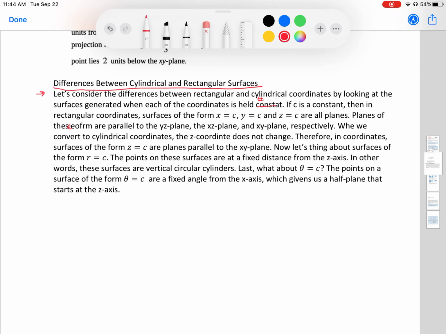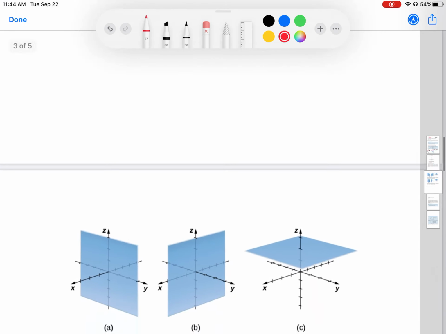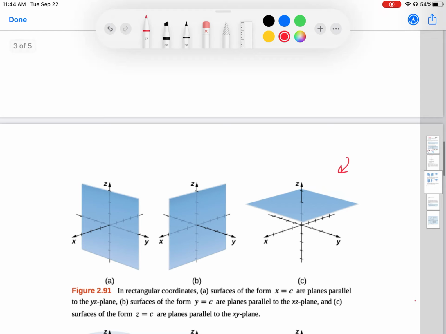When we convert to cylindrical coordinates, the z-coordinate does not change. Therefore, the coordinate surfaces of the form z equals a constant are planes parallel to the xy plane. I have the pictures right here. This one is your z, parallel to the xy plane, and that is z equals a number.